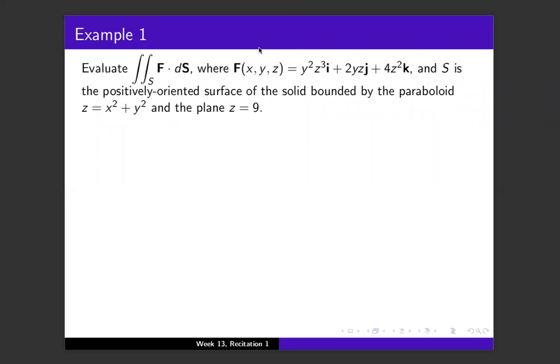Now, you don't have to be an amazing artist, but you should try to have some idea about what this thing looks like. In this case, we're looking at a surface that looks something like this. You've got your coordinate system.